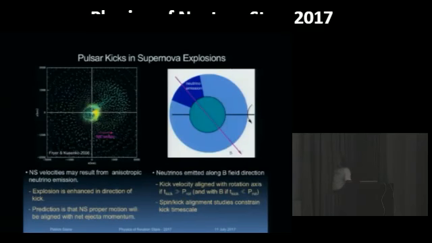On the other hand, it's also been put forth that the kick to neutron stars could come from anisotropic neutrino emission. In that scenario, in this simulation by Fryer and Kusenko, the anisotropy kicks the neutron star to the right.